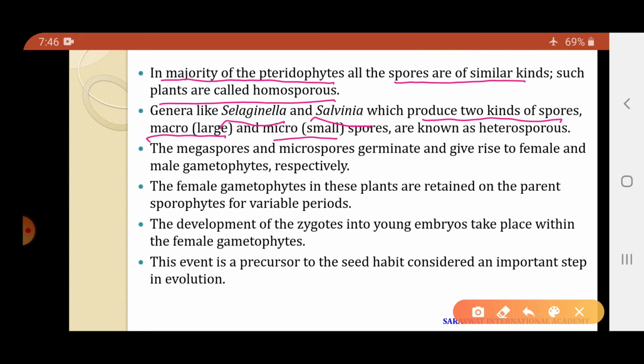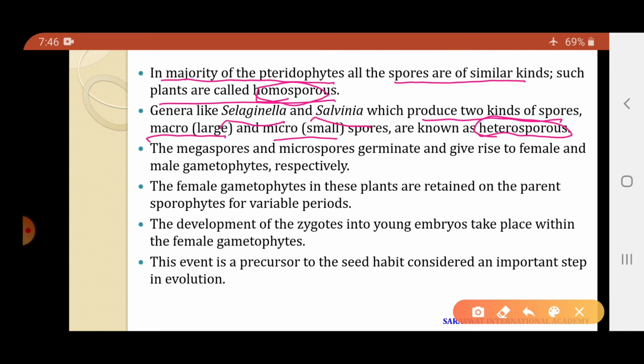So those pteridophytes like Selaginella and Salvinia which develops two kinds of spores, that is microspores and megaspores, such pteridophytes are called as heterosporous. Hetero यानी different. They produce two different kinds of spores. Homo यानी same. So those pteridophytes which produce the similar spores are called as homosporous, and those pteridophytes like Selaginella and Salvinia which develops two different kinds of spores, what are they called as heterosporous.